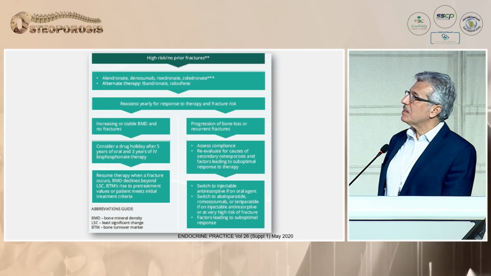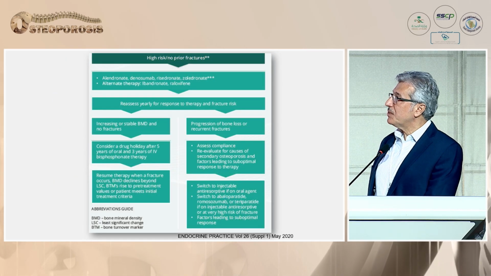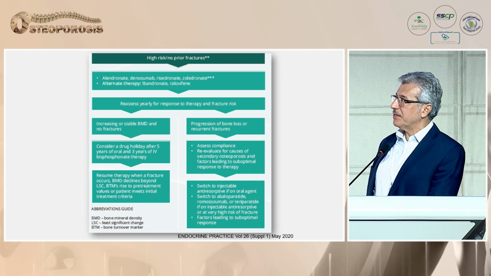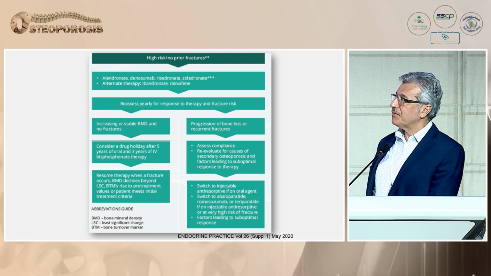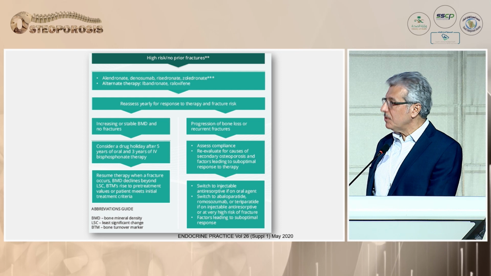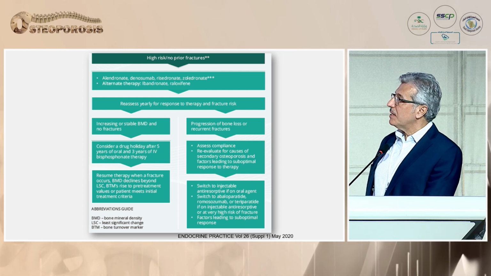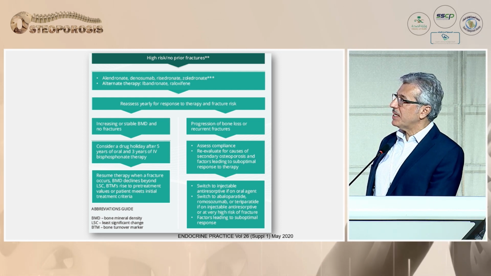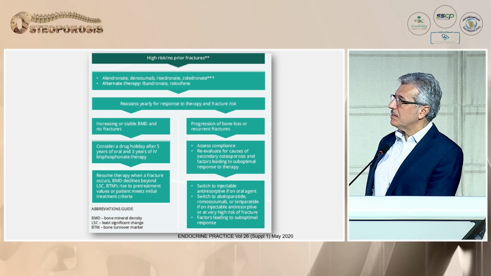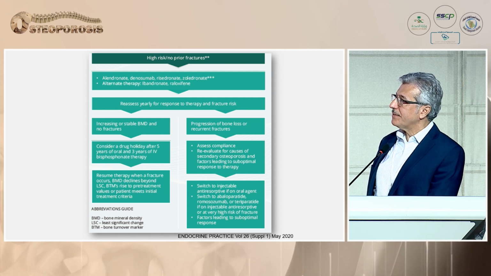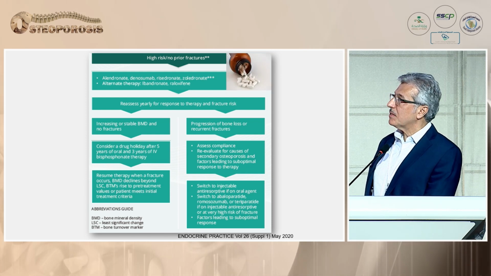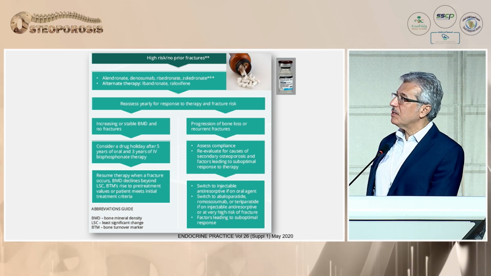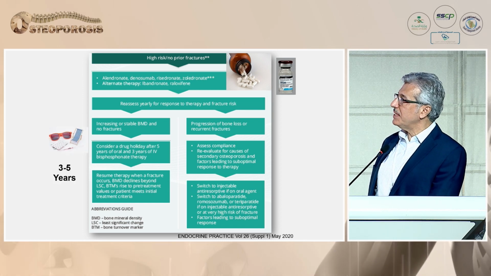Of course, alternatively, denosumab can also be used here. So, for patients with high risk, but not very high risk, those who do not have prior fracture, for example, the alternative is oral bisphosphonate or IV bisphosphonate, denosumab or risedronate. And we usually start with oral. Alternatively, we use the IV.